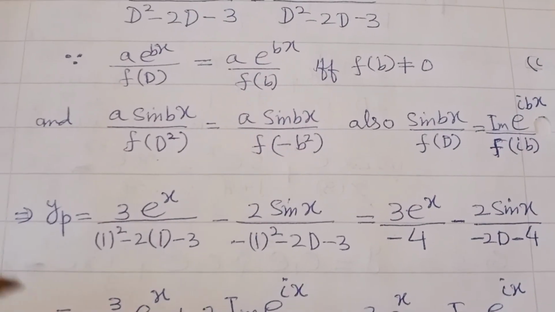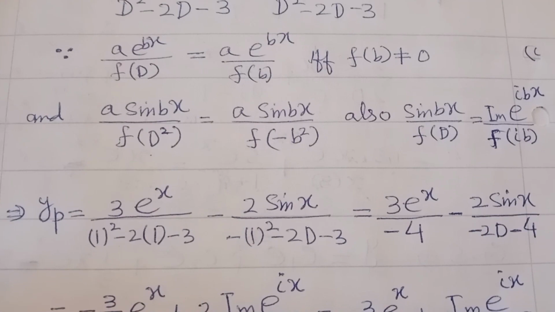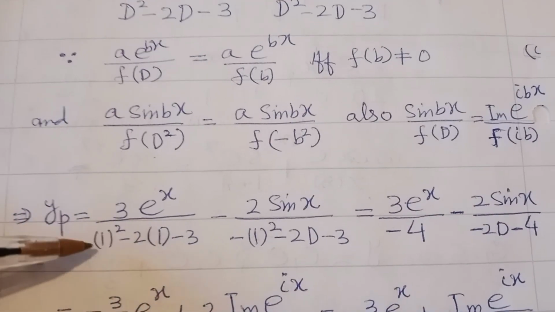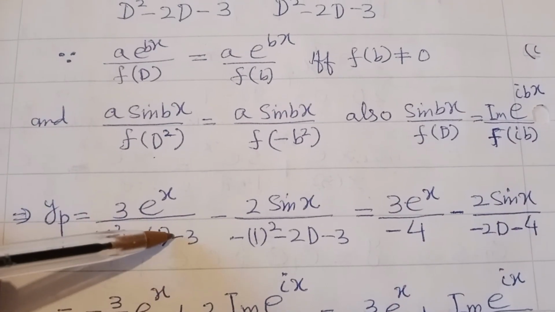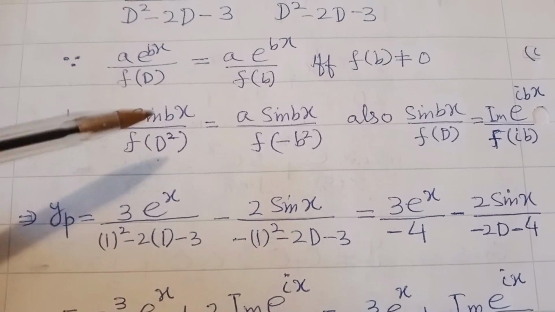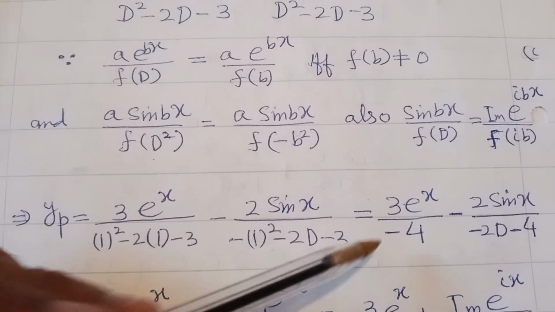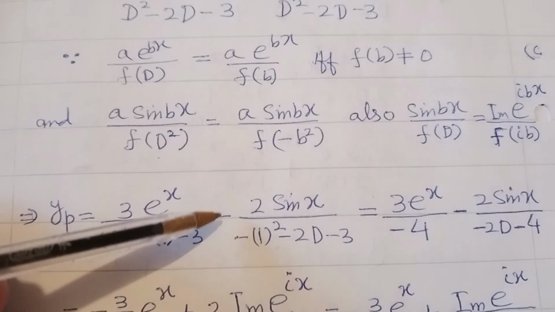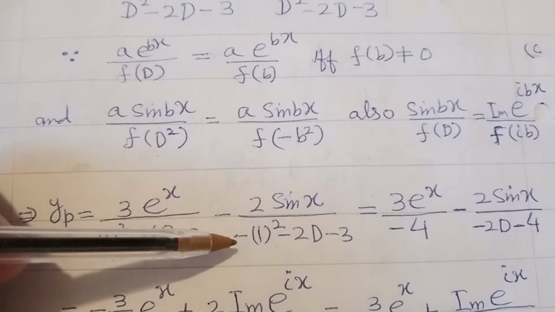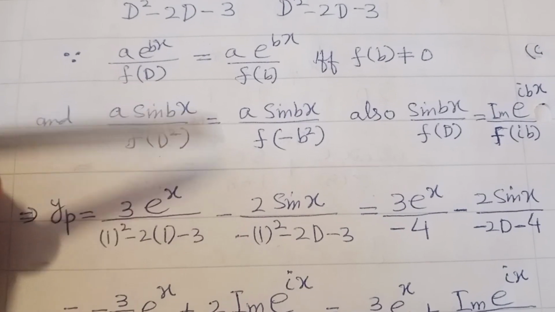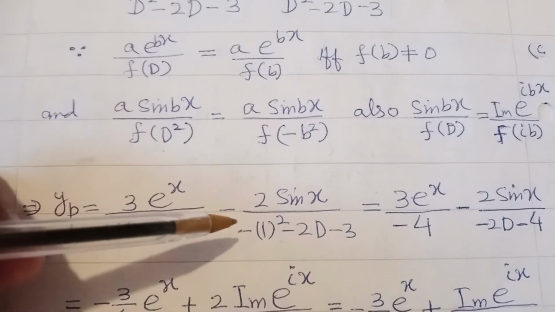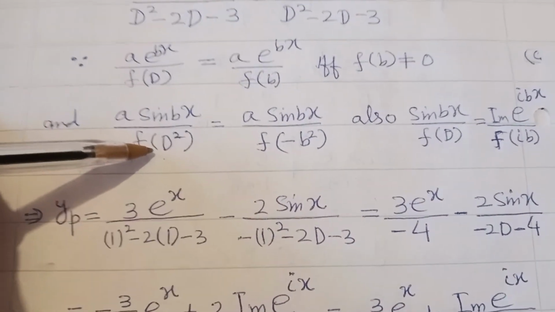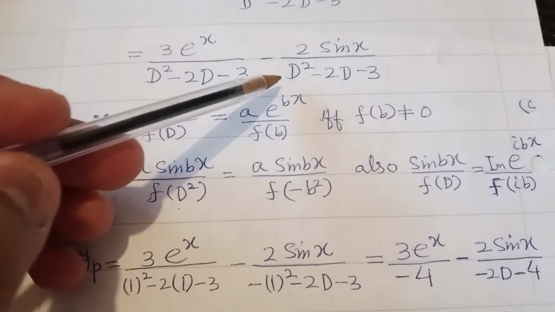Now for further simplification, this can be written as 1 − 2 − 3, that is −5, and −5 + 1 will be −4. Similarly here, because we are substituting −1² for D², we have D² only in the first term.